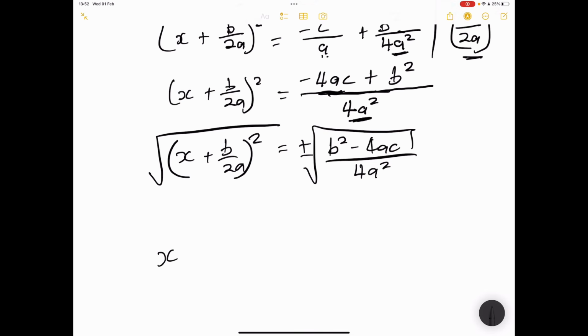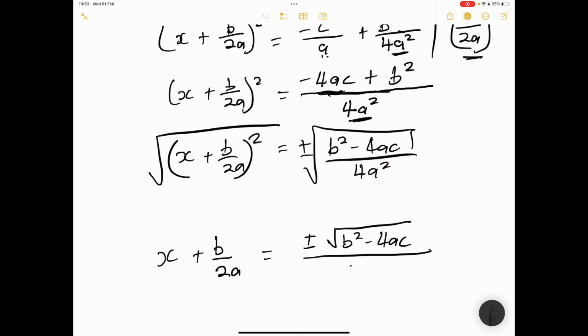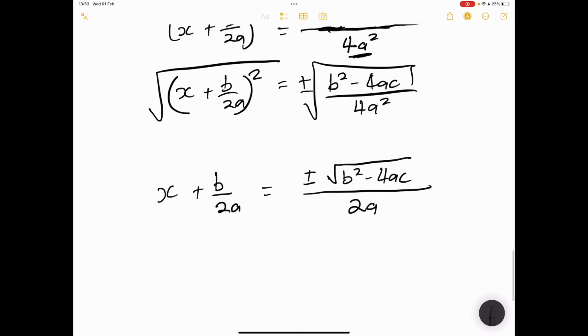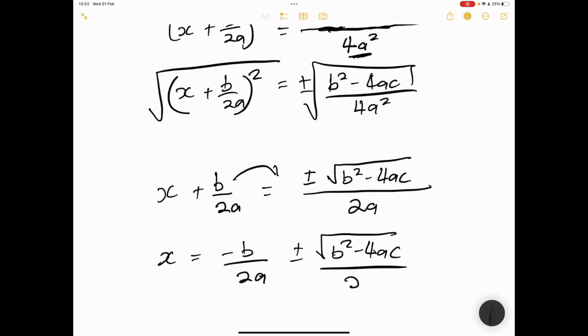So I'm going to say x plus b over 2a is equal to plus or minus the square root of b squared minus 4ac divided by the square root of 4a squared, which is 2a. So now we can say x, take this to the other side, that becomes minus b over 2a plus or minus the square root of b squared minus 4ac divided by 2a.